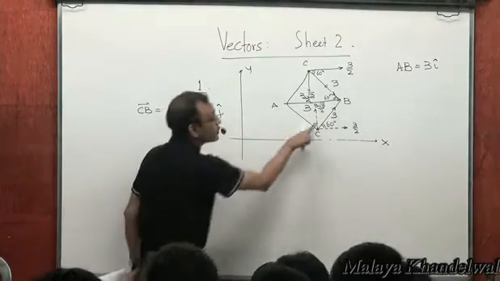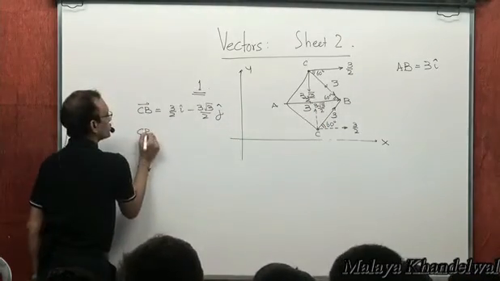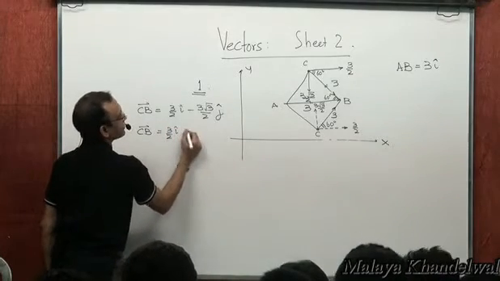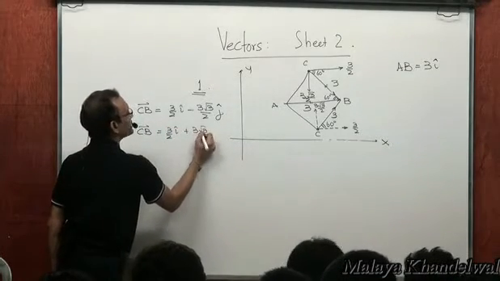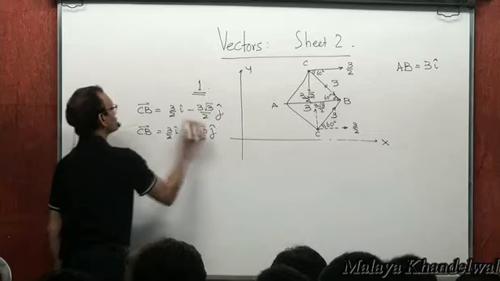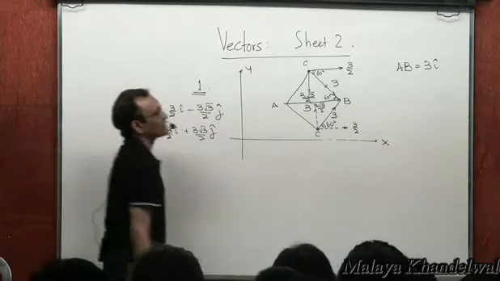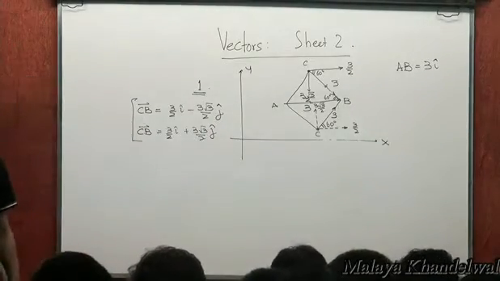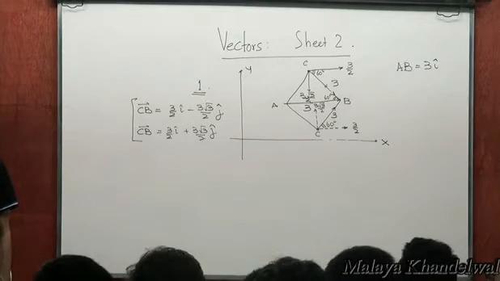So then the vector CB is going to be 3 by 2 i cap plus 3 root 3 by 2 j cap. These are the two possibilities for the vector CB, the side CB. Clear?